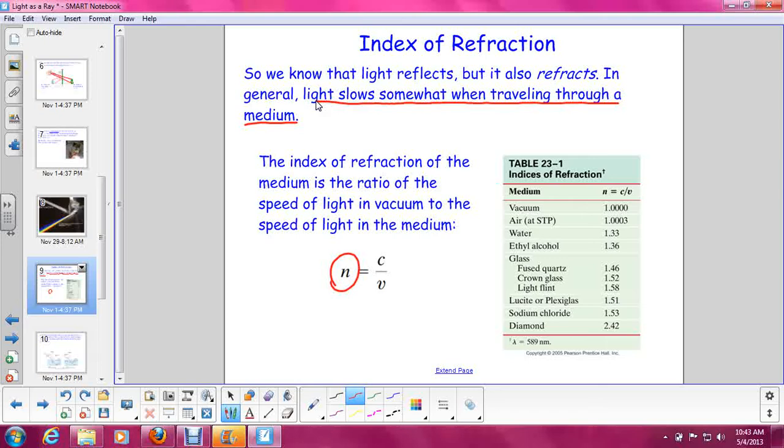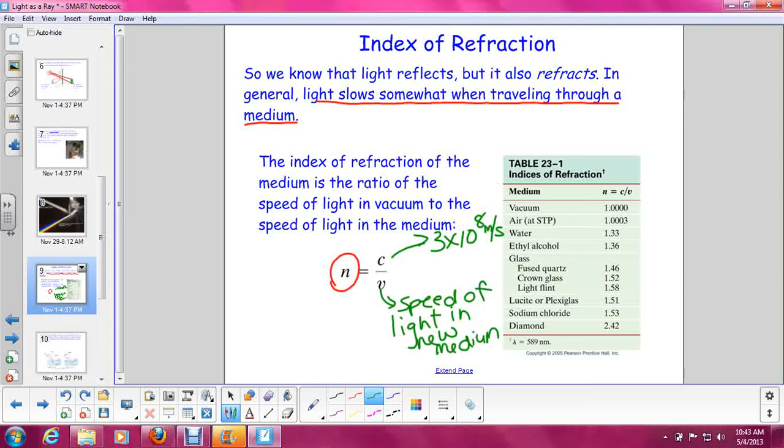And the way that we find the Index of Refraction is we take the speed of light in a vacuum, which is 3 times 10 to the 8th meters per second, and we divide by how fast it goes in the new medium. So this is the speed of light in a new medium.